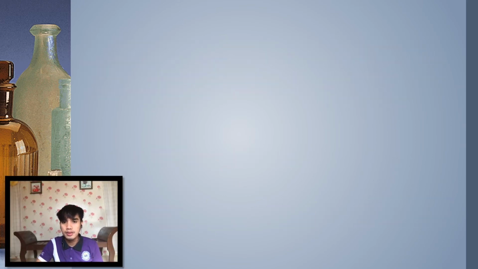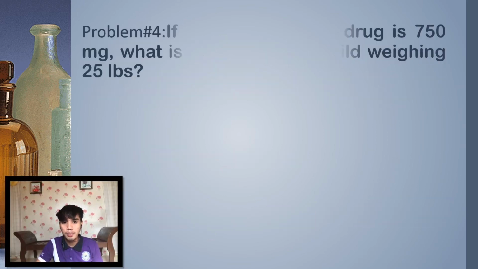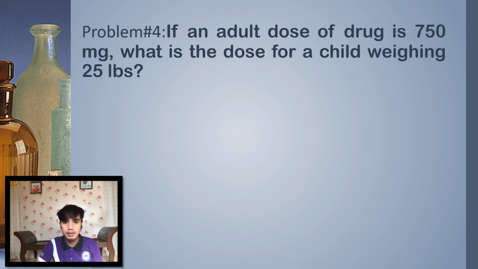Now, let's solve for our problem number 4. So problem number 4 states that if the adult dose of a drug is 750 milligram, then what is the dose for a child weighing 25 pounds?